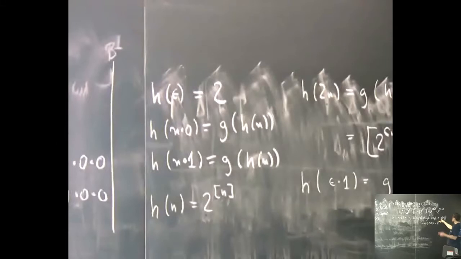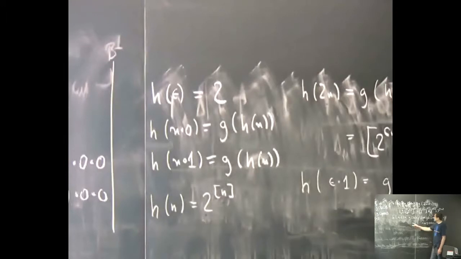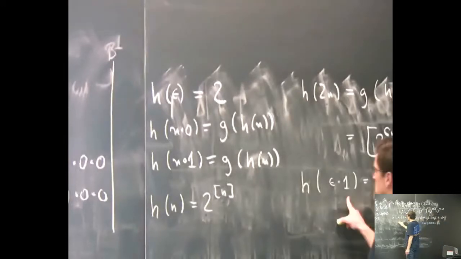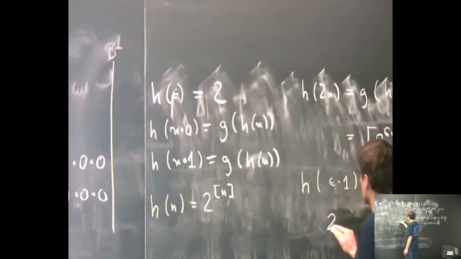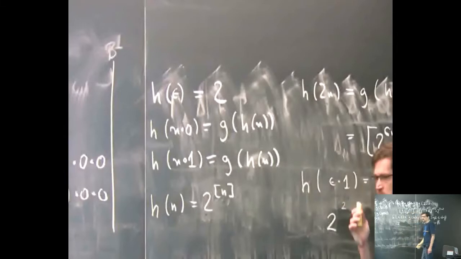G is the thing over there. 4 zeros, right? 16. So did we get a number? Did we get a factor wrong here? 2 to the bracket of this should be 2, right? Okay, yeah, we got some factor wrong somewhere.